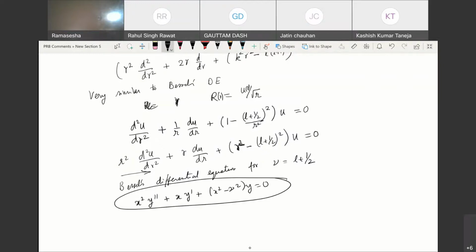So here is the x squared minus nu squared. You have nu is equal to L plus half. So it's always a half integral, okay? Because L is always integral.